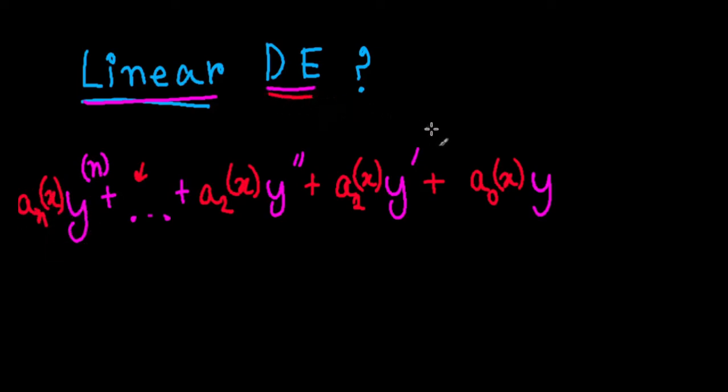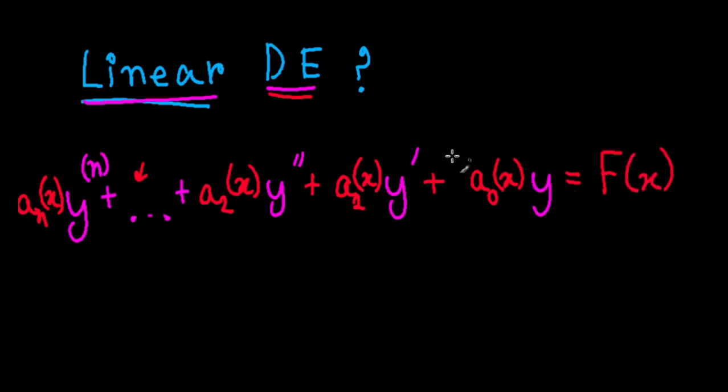This is a differential equation, so it has to equal something. Since we've dealt with everything related to y, the only thing you can have on the other side is another function of x. So let's call that f of x.